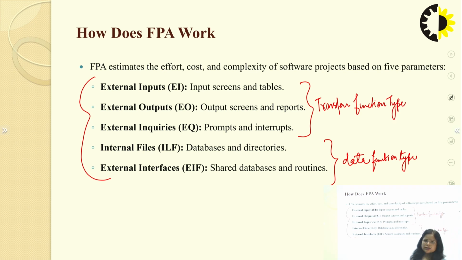So what is a data function type and what is a transactional function type?